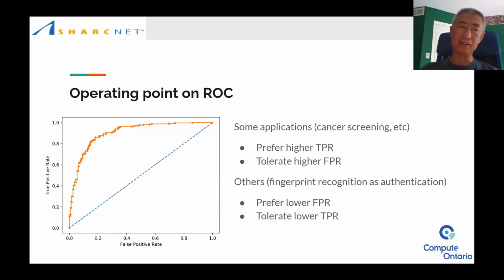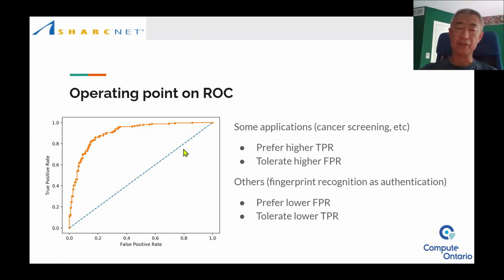But in real life, it's really hard to get that perfect result. So you have to do some compromise, depending on the nature of the application. Some applications prefer a high true positive rate, and at the same time can tolerate a certain amount of false positives.